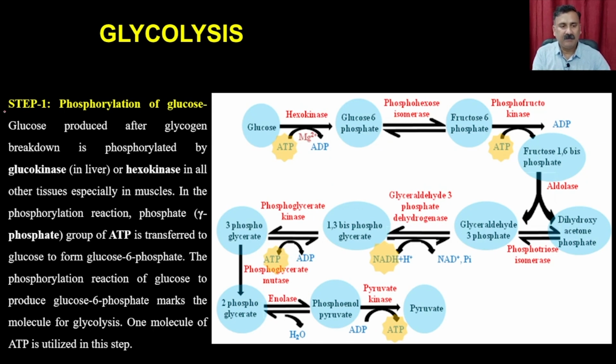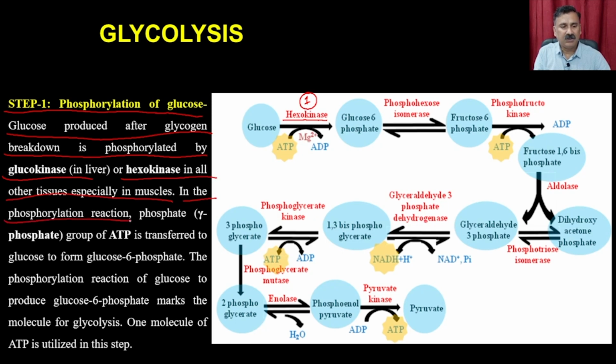So the first step, as we already discussed, is the phosphorylation of the glucose molecule. This is the first reaction, which is going to be catalyzed by the enzyme called hexokinase. Glucose produced after the glycogen breakdown is phosphorylated by glucokinase, or by hexokinase in all other tissues, especially in muscles.